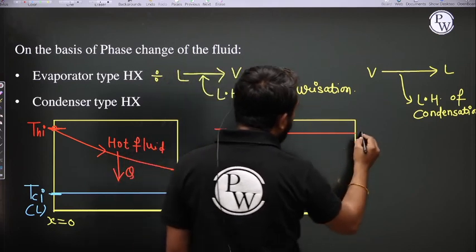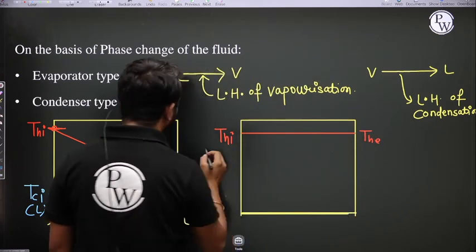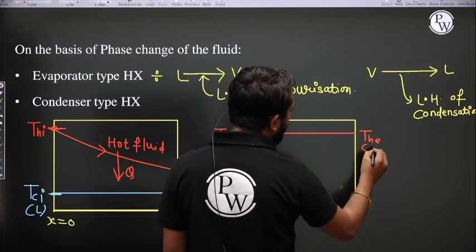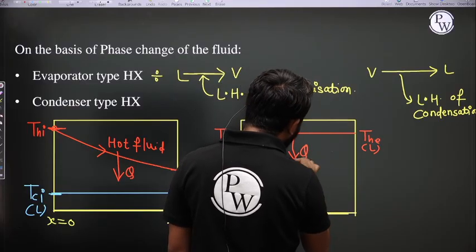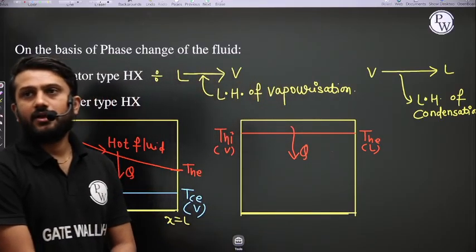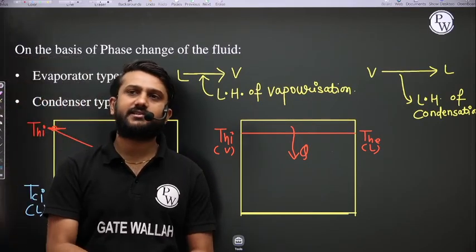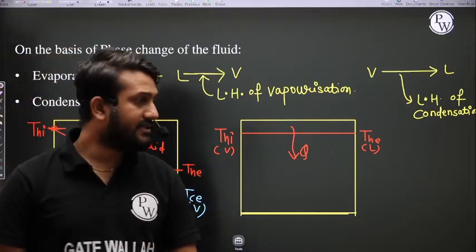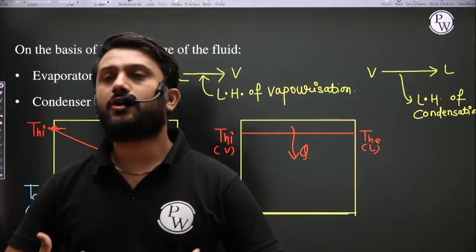Here the phase is vapor, and here the phase is liquid. The latent heat of condensation is released during the phase change, and this latent heat is absorbed by the cooling fluid.